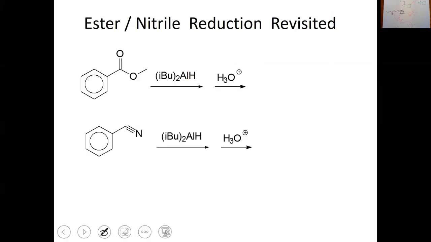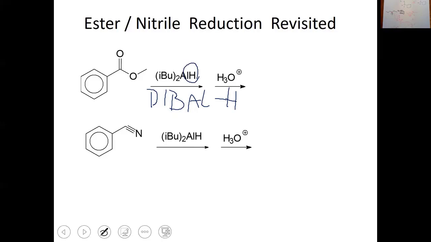Here's another example where we've only got one hydrogen on our group instead of multiple. These guys are very, very, very common. Instead of being written like this, it's often written as the acronym DIBAL. DIBAL, that's diisobutylaluminum hydride, DIBAL.